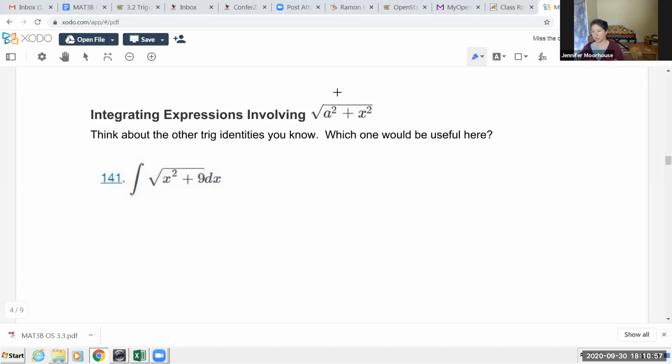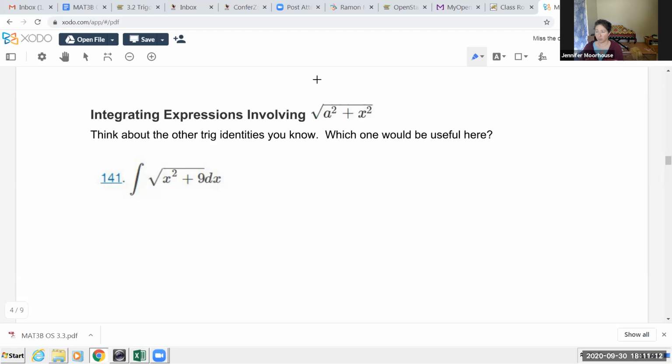We know sine squared plus cos squared equals 1, but that's probably not going to be it. So I want to think about this more like the square root of a squared plus x squared.